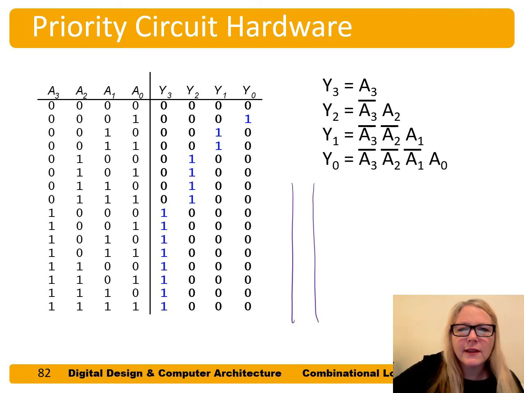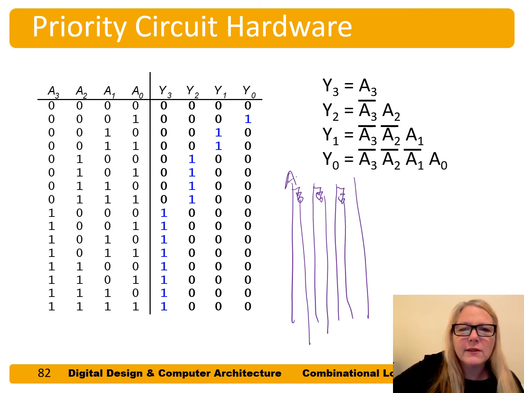We need the true and complement version of all of them except a0, so we could do something like this, where we have the true and complement version of a3, a2, a1, and a0. And we're going to say y3 equals a3. That one's pretty easy.